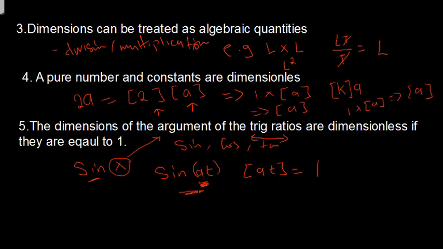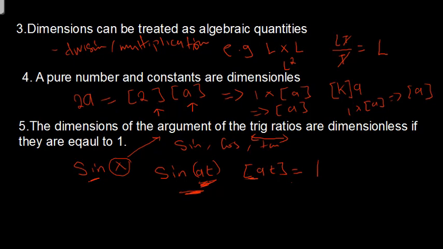So the dimensions of its argument, the dimensions of a times t, must be equal to 1. Then this trig ratio is dimensionless, and if that is the case, we can simply replace it by 1, and then our equation will be homogeneous, or dimensionally correct.